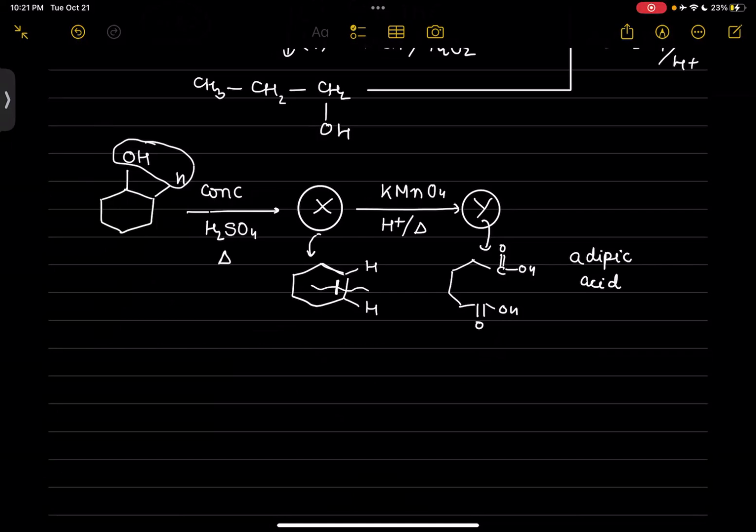Preparation of carboxylic acid from alkyl halides.